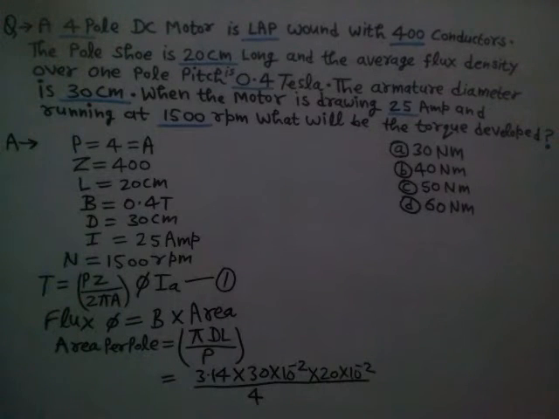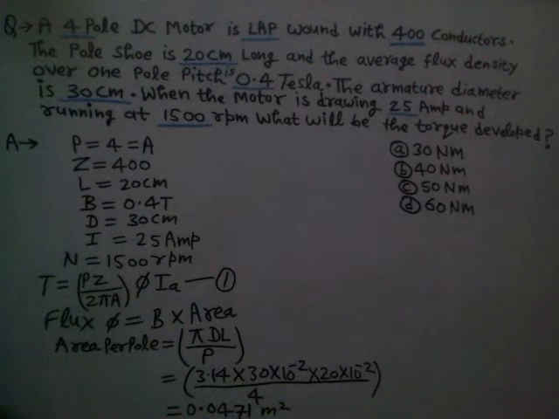So when I solve this, I will get 0.0471 meter square, right? So you have to use a calculator to solve this value. So 0.0471 will be the area per pole, right?